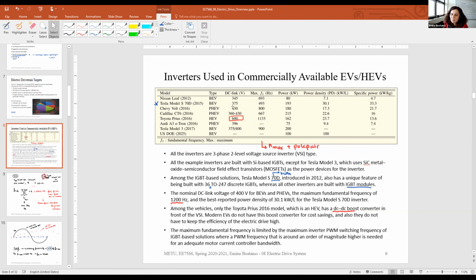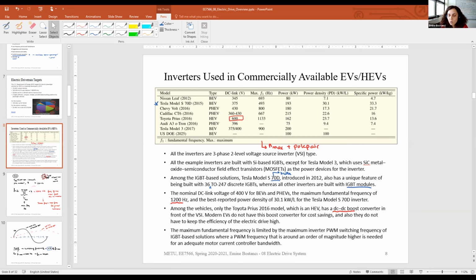So the technology used, the silicon-based IGBTs, is going to limit our maximum switching frequency. And here, as you see, the maximum fundamental frequency is limited by the maximum inverter PWM switching frequency, and this maximum PWM switching frequency is limited by the IGBTs that we are using.